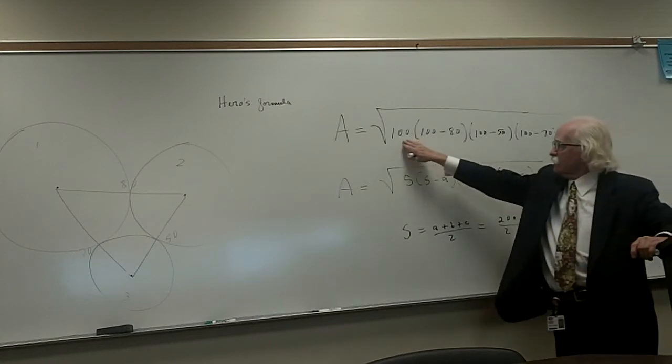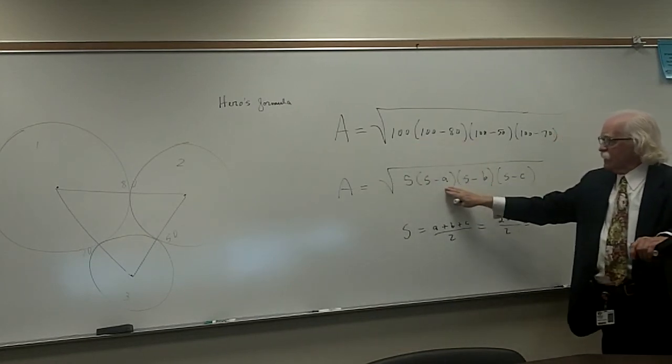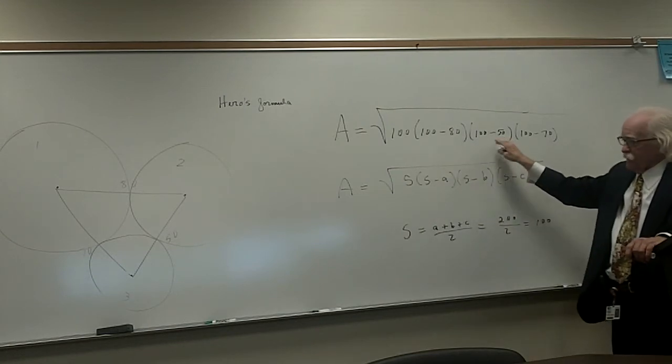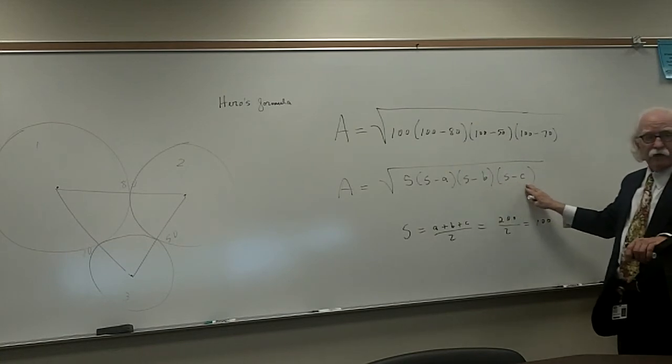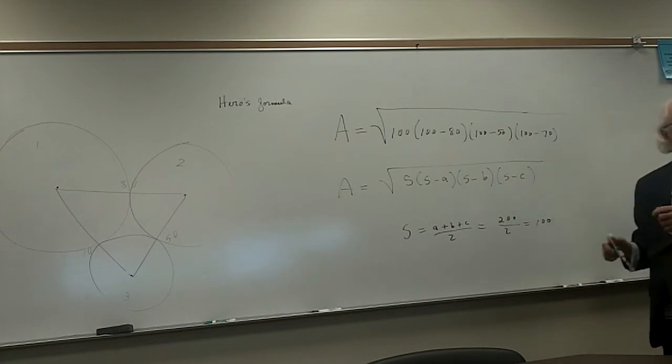So S is 100. That's for S. That's 100 minus 80, that's A. Then 100 minus what? B, which is 50, times what? 100 minus 70, which is C. Do that calculation, and you've got the area of that triangle.